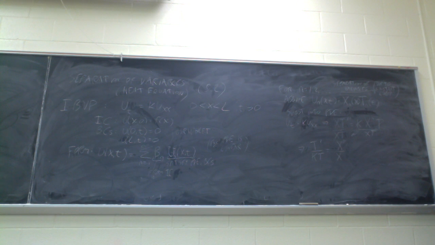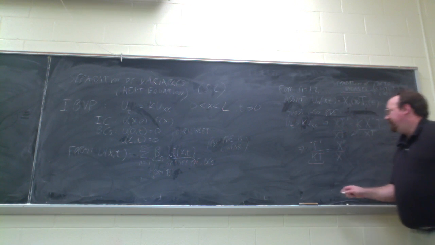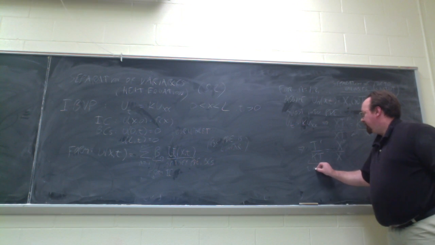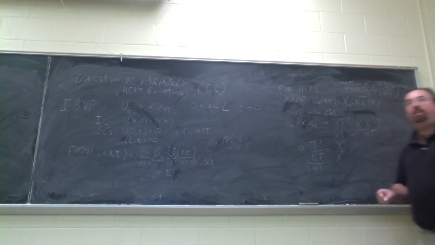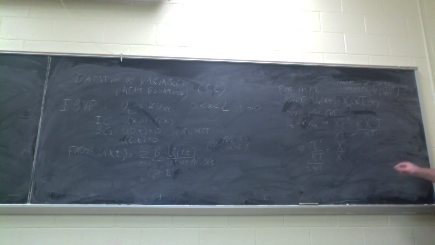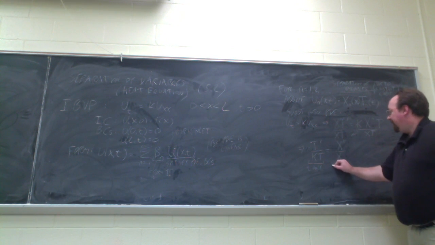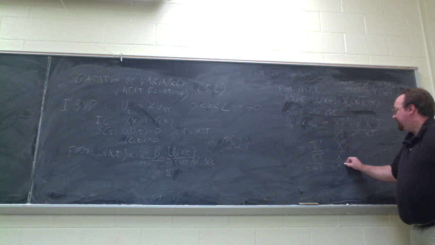Okay. Now, the key to the success of separation of variables is this nice little fact, that the left side is a function of only t. The right side is a function of only x.